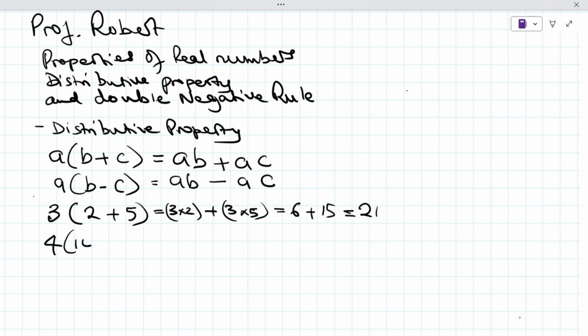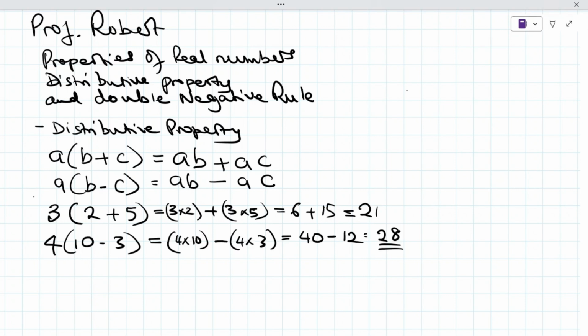Now, the distributive property works even with more than 2 terms. For example, if we had an example like 2 into 1 plus 3 plus 4, 2 will multiply through the parentheses.